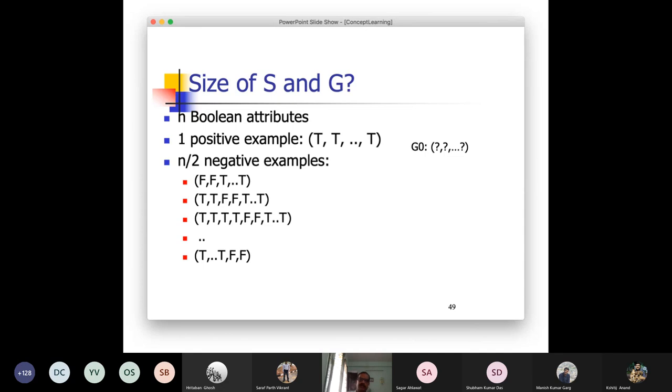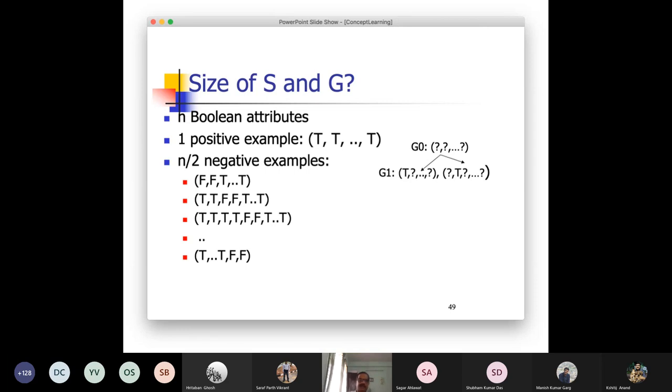Your most specific hypothesis would always be all T, because that is the only positive example. But when you get a negative example, every time you are modifying G. Your initial hypothesis in G will be all question marks. That is your initial point.